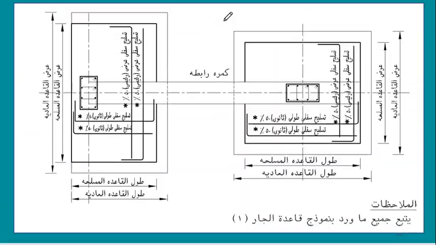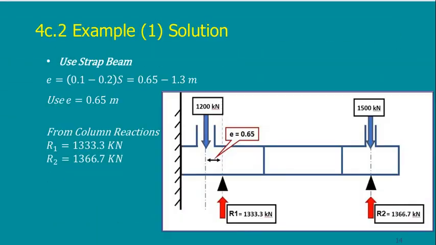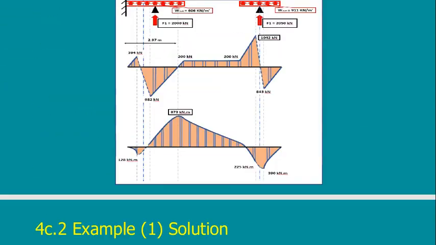If you remember, where is my bigger moment? I will go to this drawing for the moment. Yes, here you will find that usually the middle moment is very high compared to the two cantilevers.